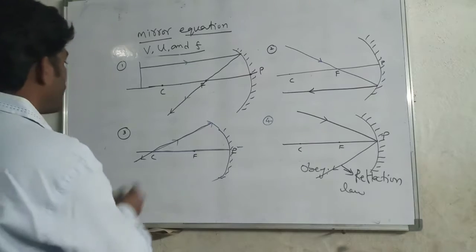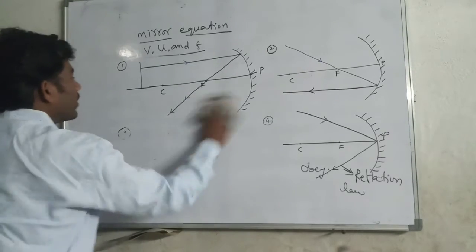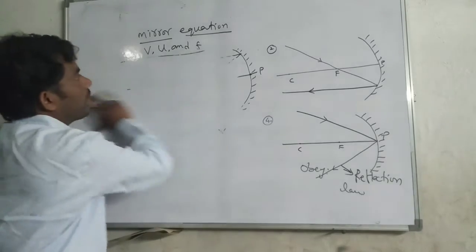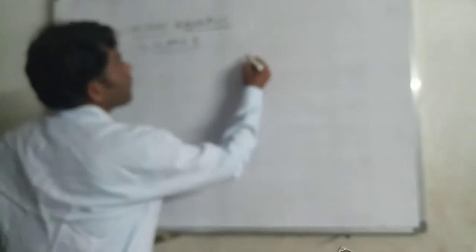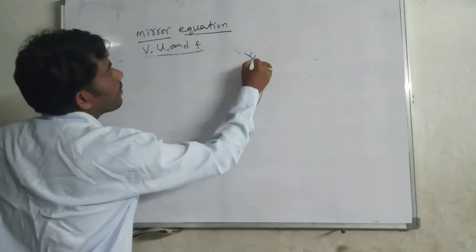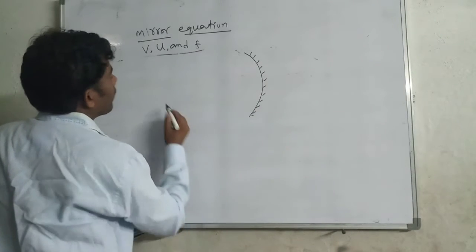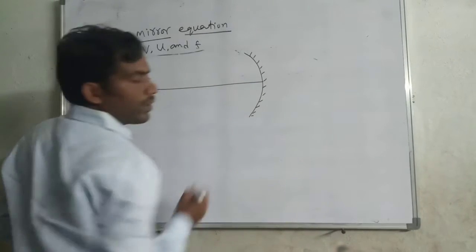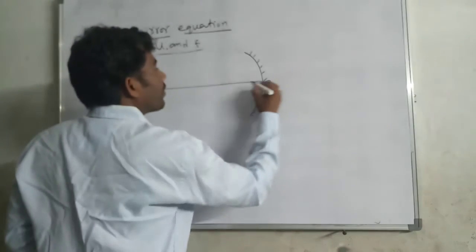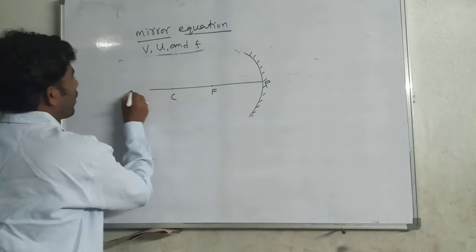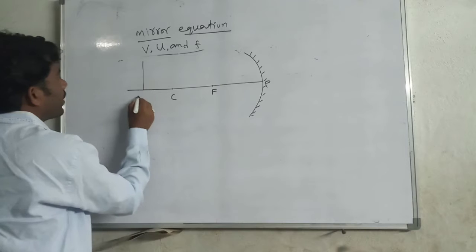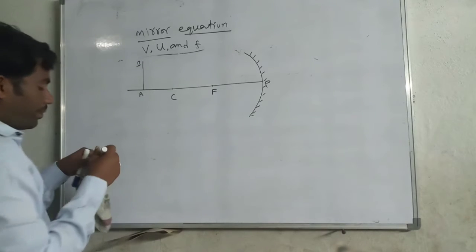Okay, next thing. If I take a concave mirror, this is the principal axis, this is the pole P, this is F, this is C, and this is the object AB.